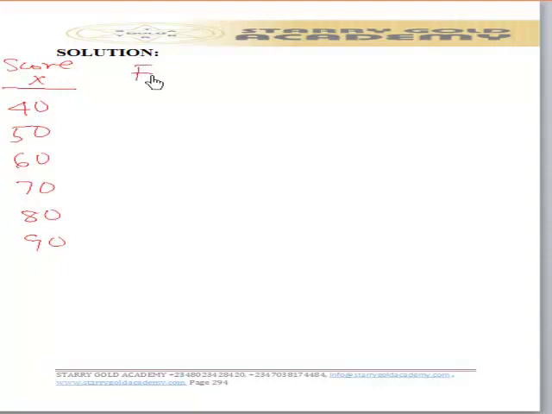Then we have the number of students, which represents the frequency: 9, 7, 6, 6, 5, 5. So let's now go for column fx, which will give us f times x.